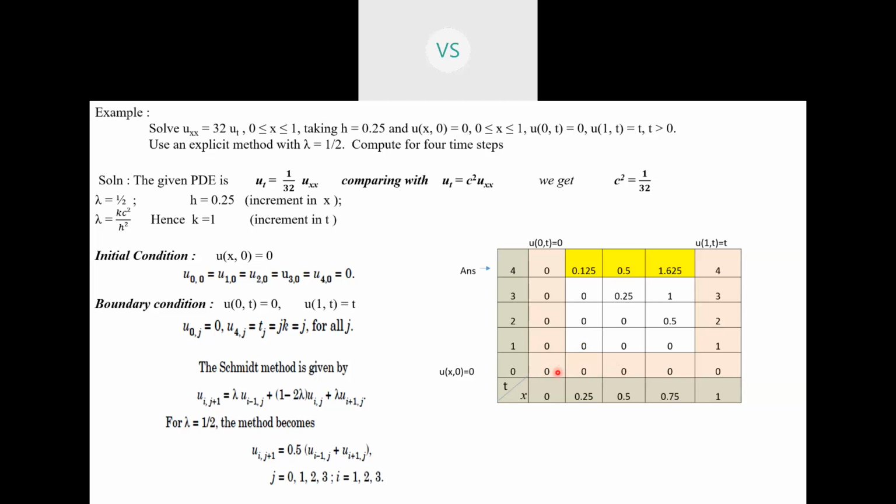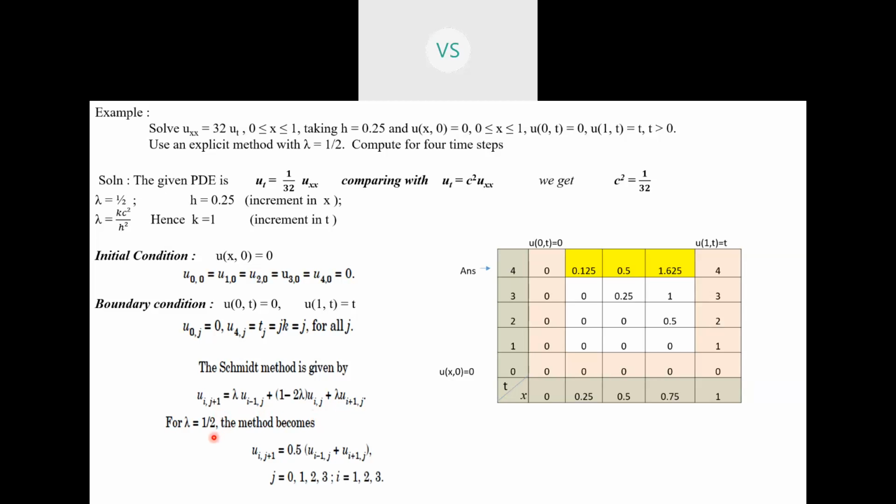Lambda into left term plus 1 minus 2 lambda into middle term plus lambda into right term. Here you can see the formula is lambda into u i minus 1 j, plus 1 minus 2 lambda into u i j, plus lambda into u i plus 1 j. This is our regular formula.